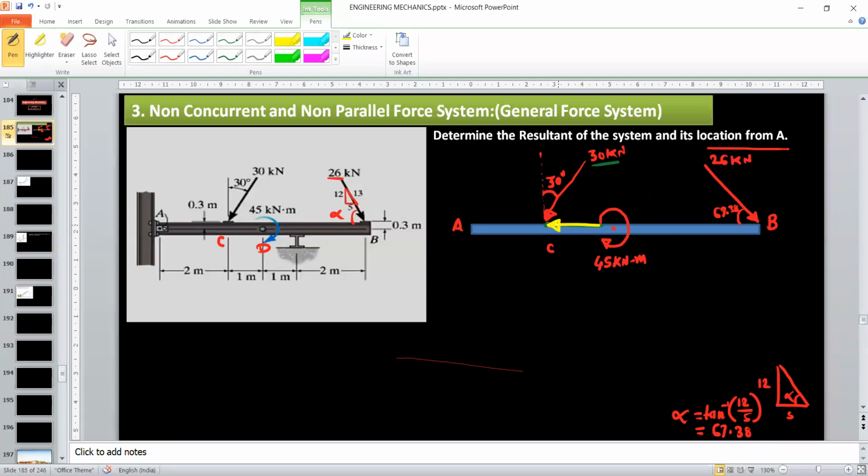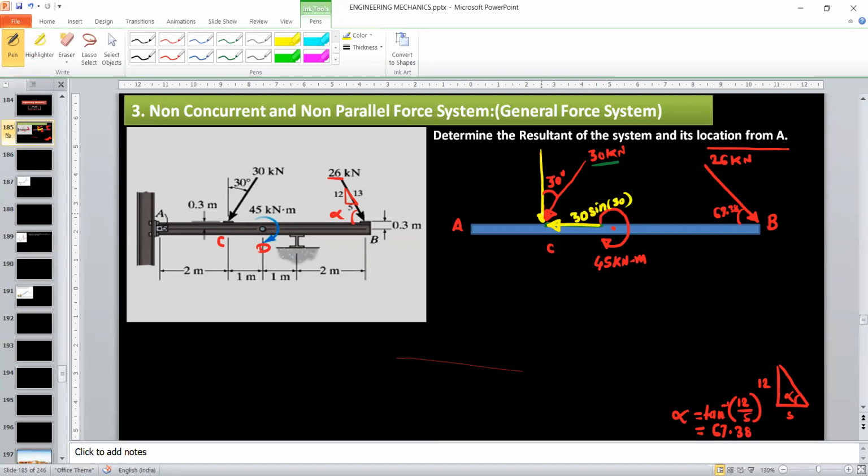So this is the X component for the 30 kilonewton, and this is the Y component. The X component is opposite to the given angle 30 degree, so it is the sine component: 30 sine 30 degree.